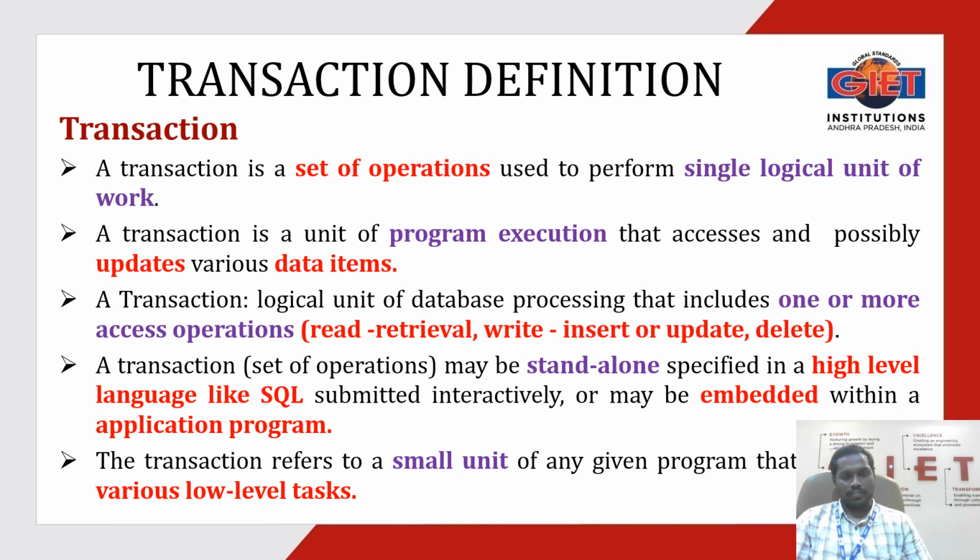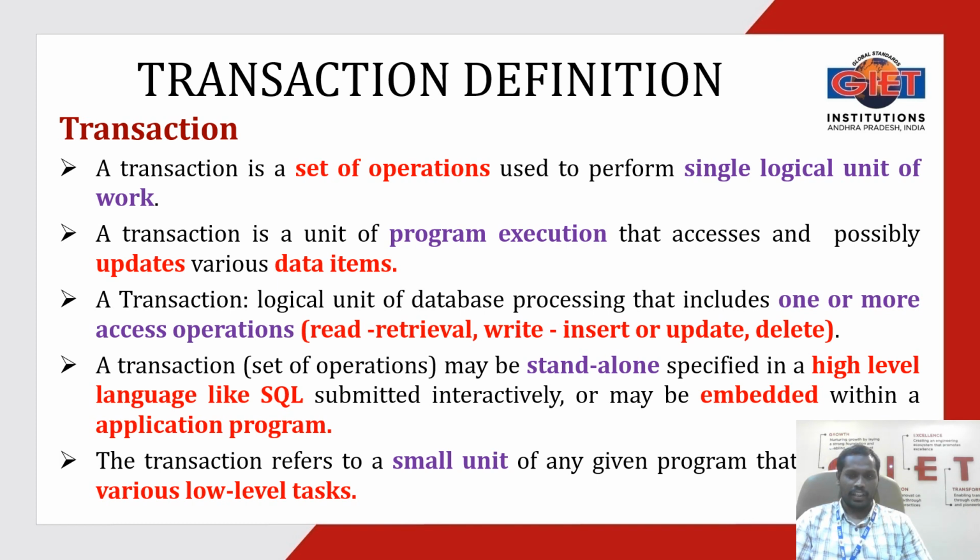The third definition of a transaction is that it's a logical unit of database processing that includes one or more access operations. These operations are what we referred to in the first definition as the set of operations: read, write, insert, update, delete, retrieval. All these come under the set of operations performed on the data items. Next, this is a bit technical definition: a transaction is a set of operations, may be standalone, specified in a high-level language like SQL, submitted interactively, or embedded within an application program.